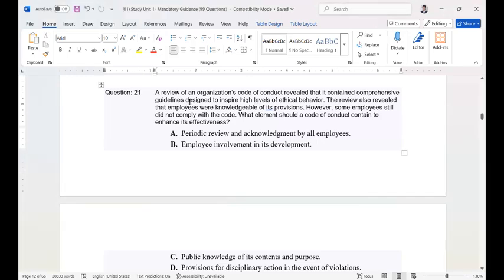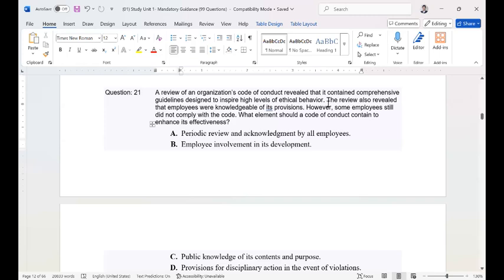Because in the question itself, it says employees' code of ethics audit was done, and it revealed that employees were knowledgeable of its provisions. They are knowledgeable. They know what it is. They have read it. So if they have read it, I don't know whether you need to get it acknowledged. Of course, you need to have some sort of acknowledgement when they join the company that they have read it, understood it, and all that.